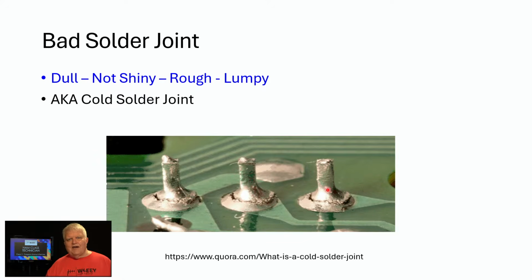A bad solder joint can be intermittent, can be trouble-prone, can cause you all sorts of aggravation. A bad solder joint is dull, it's rough, it's lumpy, it may show cracks like you see here. This is also known as a cold solder joint. You don't want one of these.